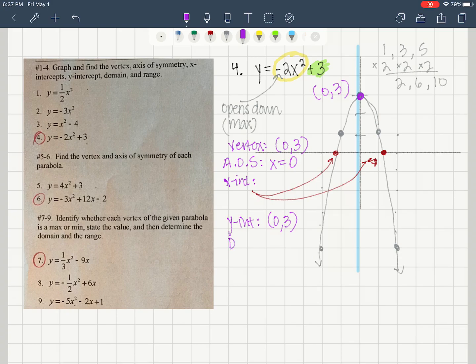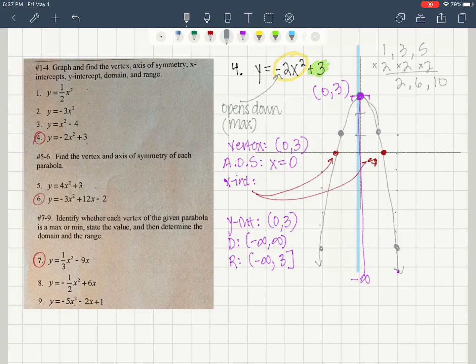The domain continues to the left and right forever, and the range is negative infinity to a maximum value of positive 3. So negative infinity to positive 3.